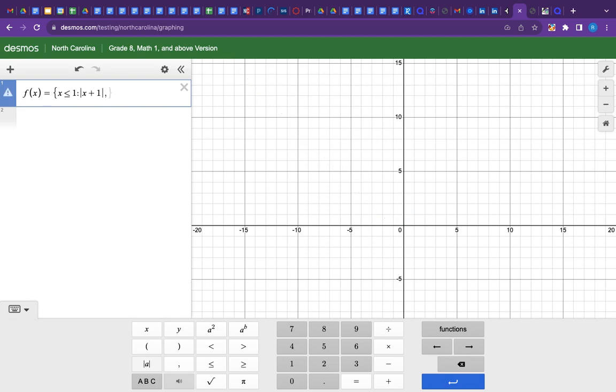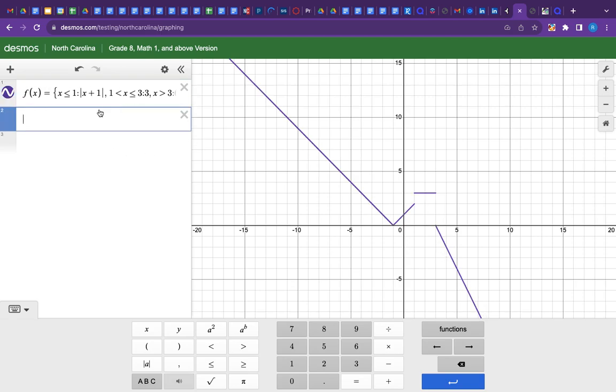So comma, now my next part. 1 is less than x, less than or equal to 3. Colon the function, which was 3, comma, last section, x is greater than 3, colon, the function for that part, which was 6 minus 2x. And then I close my curly brackets. So then it graphs it for you. So then there's the absolute value part, there's your constant part, and then there's your linear part.